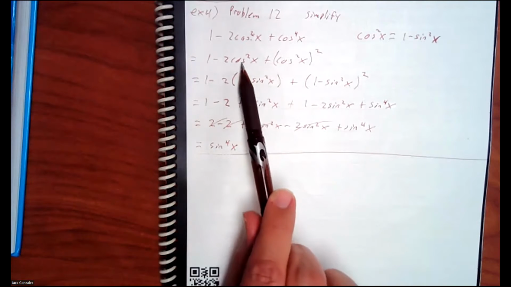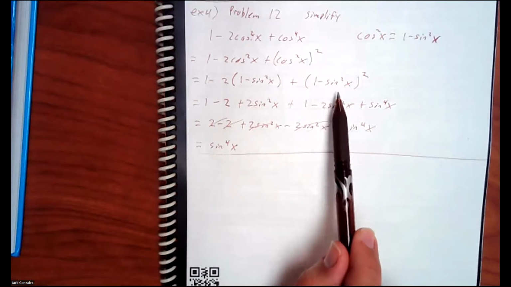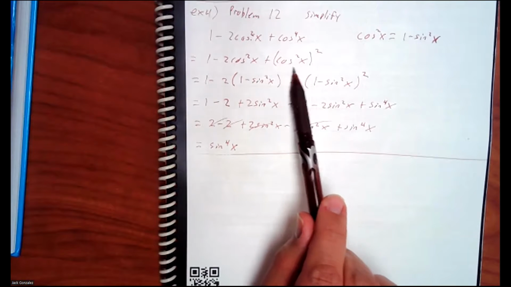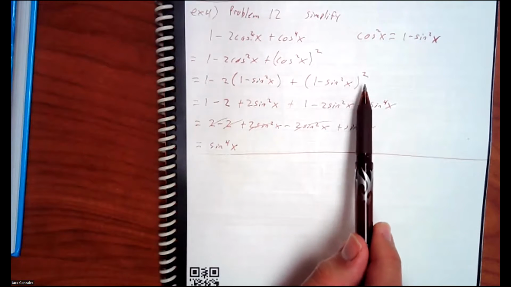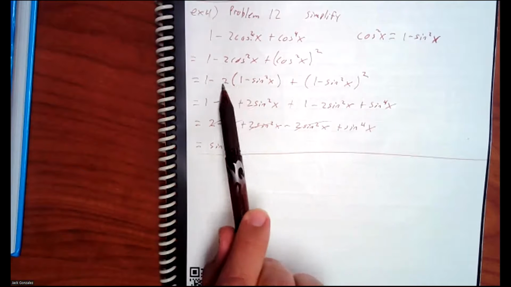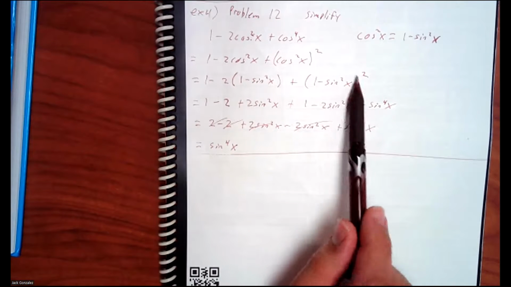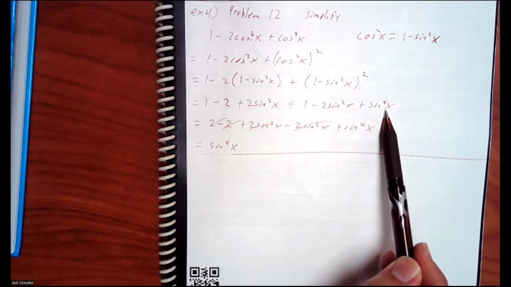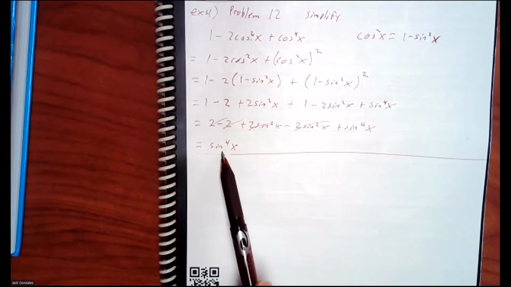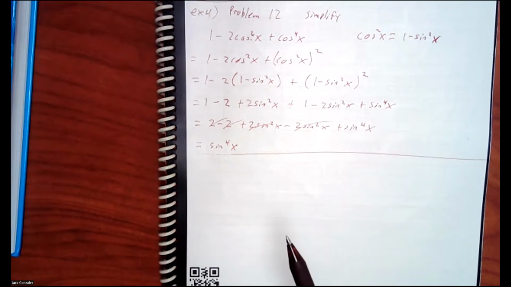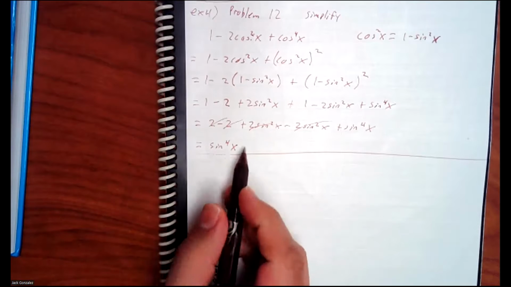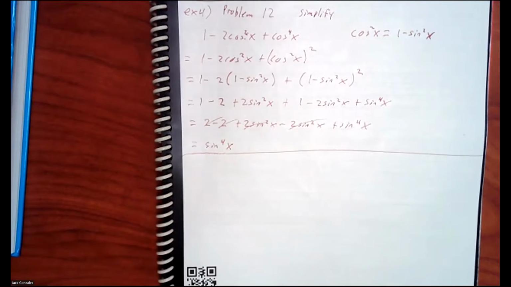I plugged it in for this square, and this in for this square. After that, we just did algebra. We multiplied the -2. We squared this, got those 3 terms. Everything canceled, leaving me with just this. That's all we did. Any questions? Does that make sense or make more sense?